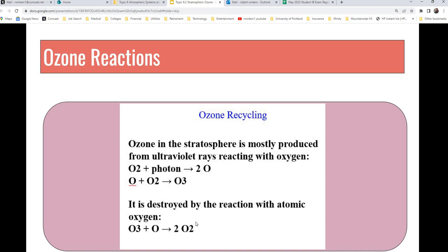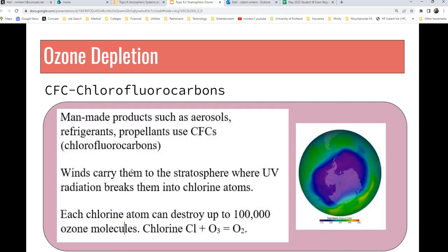And so these oxygens are the end product, but then they can go back to the beginning, recombine, and form more ozone, and the whole thing keeps replenishing itself. So if we just leave it alone, the ozone layer will just be there always for us, protecting us from UV radiation. The problem is we don't leave it alone. We've done something really naughty with it.